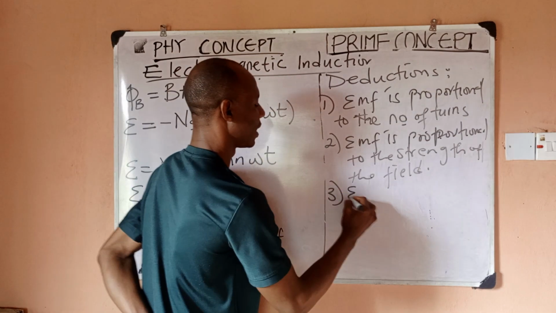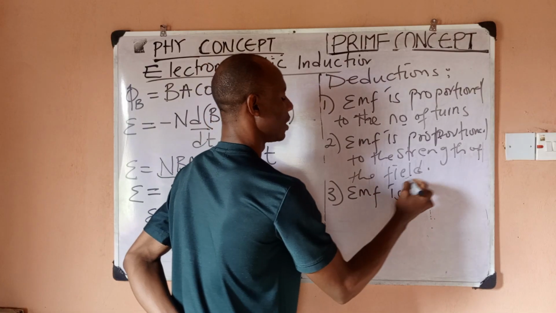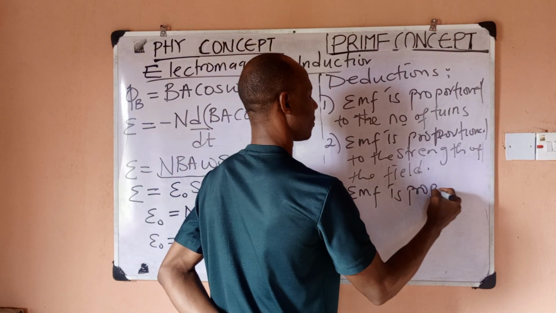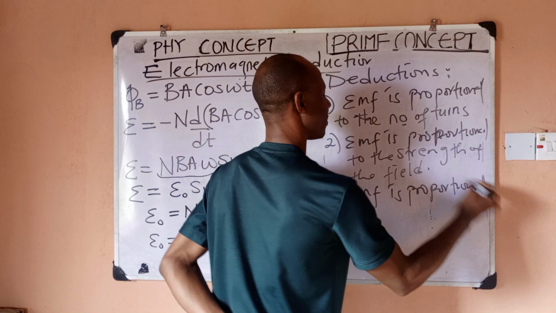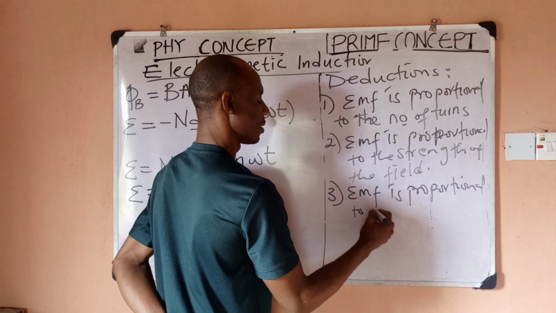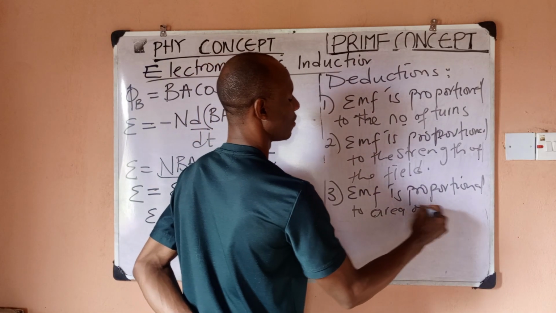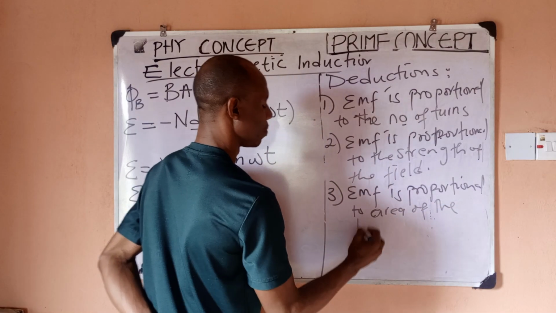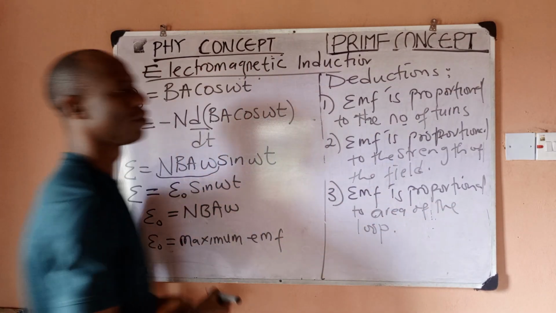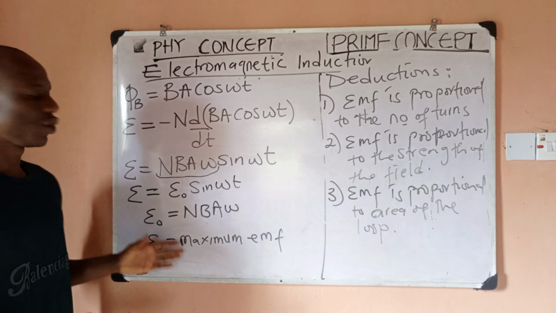So the EMF again is proportional to the area, or you can say the size of the loop. So the bigger the loop, the bigger the EMF.